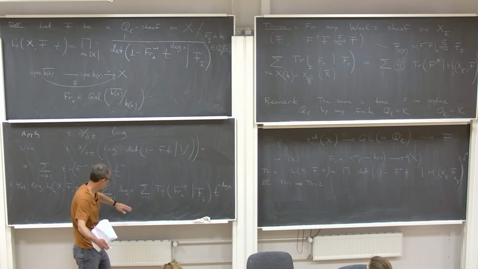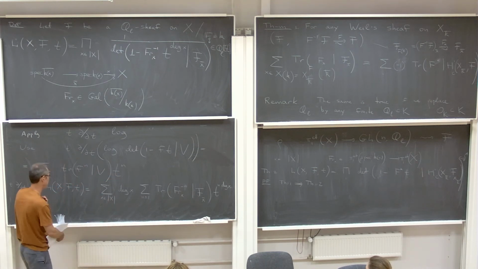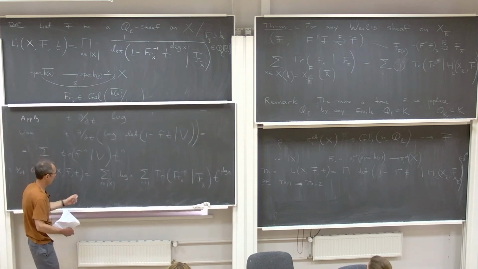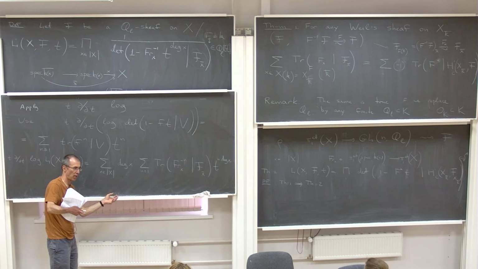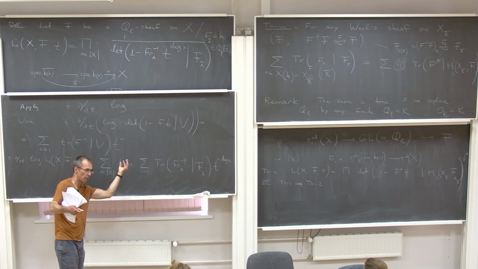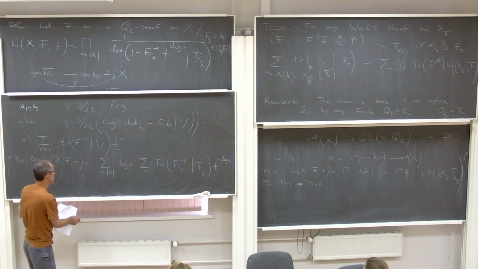And this gives me a bijection between closed points of X and the Galois orbits in k-bar points of X. If you have a closed point, it has a residue field, and in order to construct a k-bar point, you have to embed this residue field into k-bar. And there are precisely this many ways of doing this.